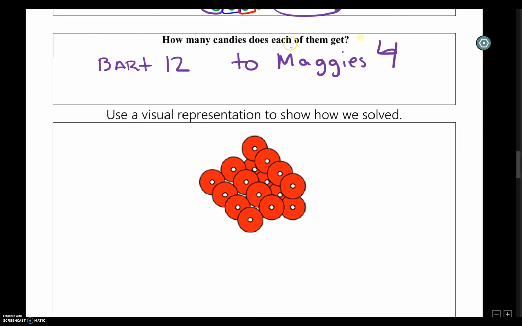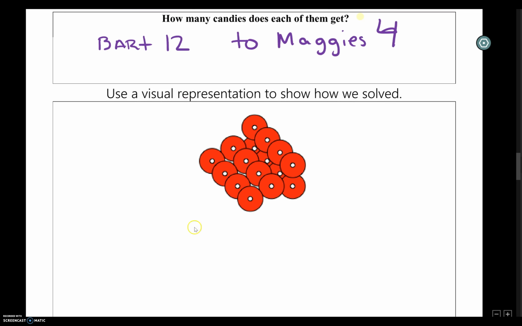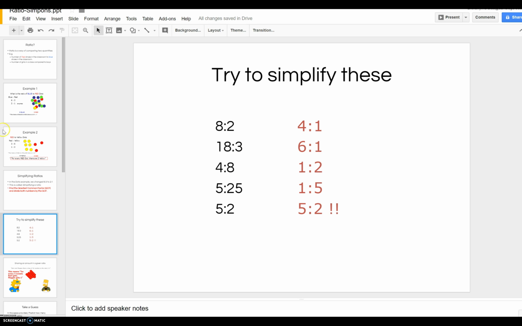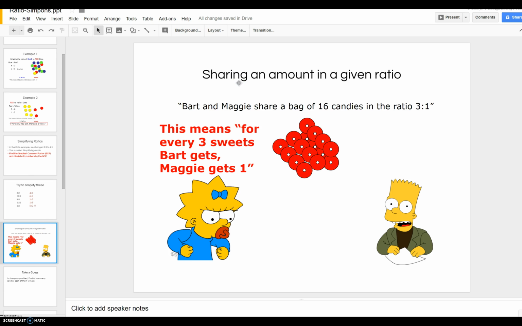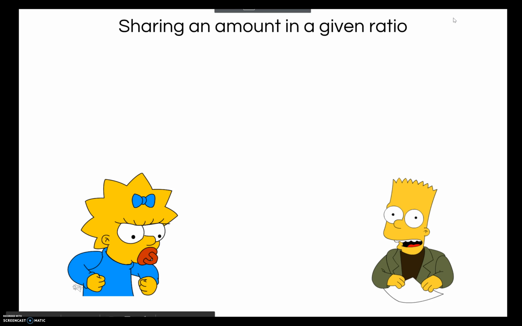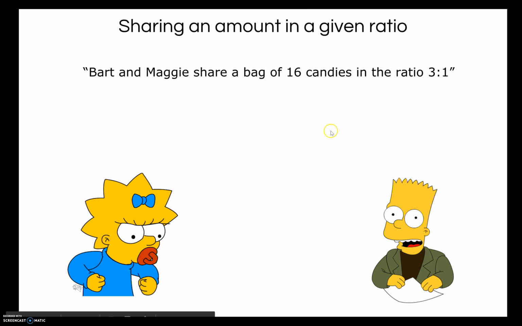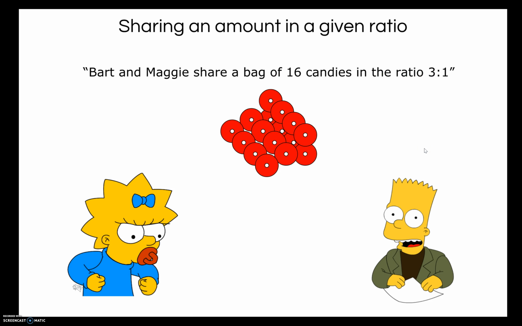Now I'm going to show you a visible representation of this using a program that we had. And I'm going to go to this situation here. And I hope I got it correct when I was doing it, because I think I might have gotten it backwards. So if we look at this situation here, sharing an amount in a given ratio. Okay, so it says Bart and Maggie share a bag of 16 candies in the ratio of 3 to 1. So here are my 16 candies, just like I did right now.